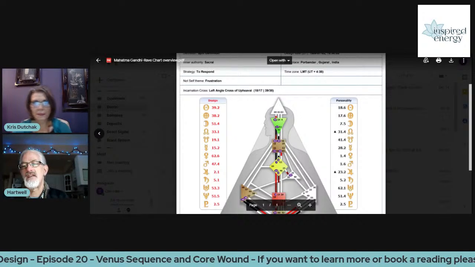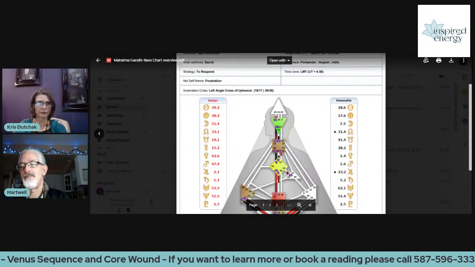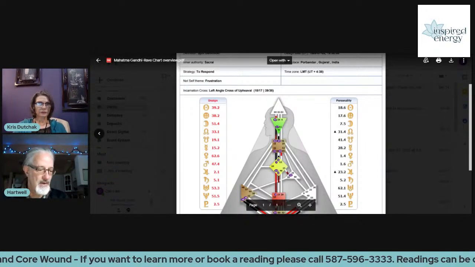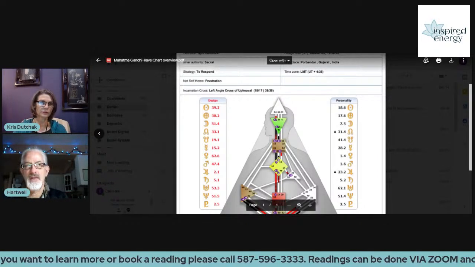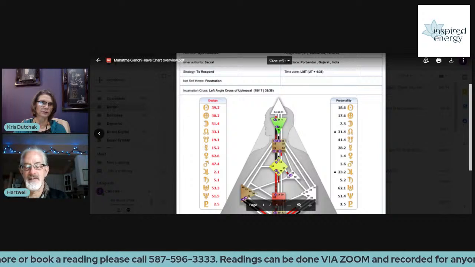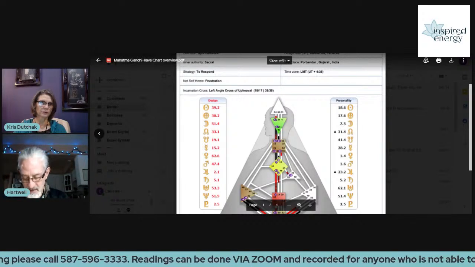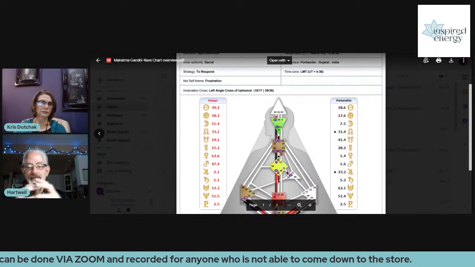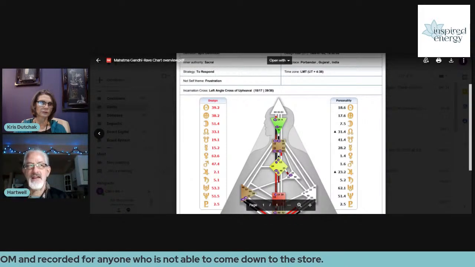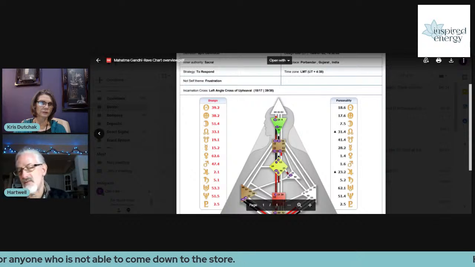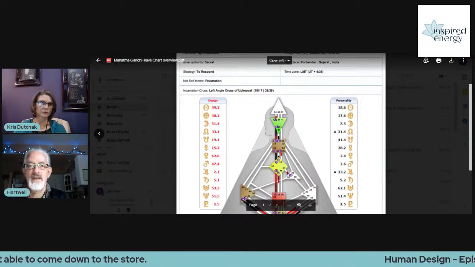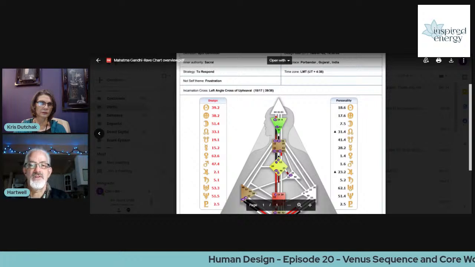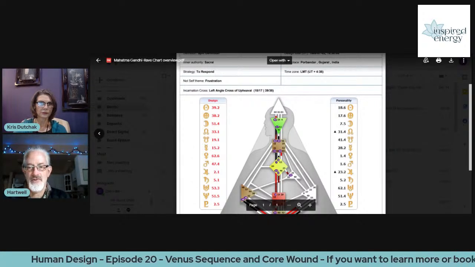Yeah, in Richard Rudd's work, he talks about the genius, our journey to love, the love sequence, which we're talking about today, and the prosperity sequence, and they have overlapping sectors. But the Venus sequence itself is found by looking at the Mars and the Venus position on both the design side of your chart and the personality side of your chart.